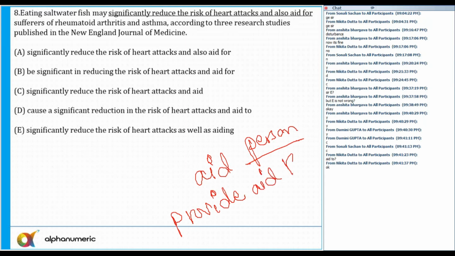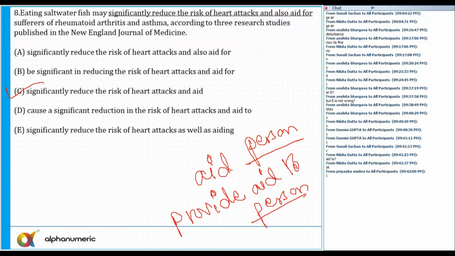Provide aid to, then the person. So yes, it may significantly reduce the risk of heart attacks and aid sufferers of rheumatoid arthritis and asthma. Absolutely. Number C is the answer for question number 8. Okay.